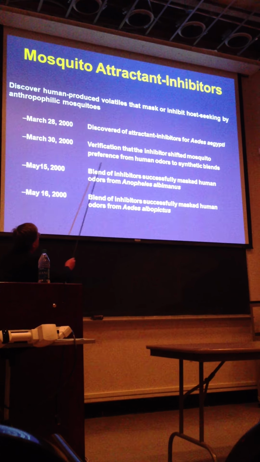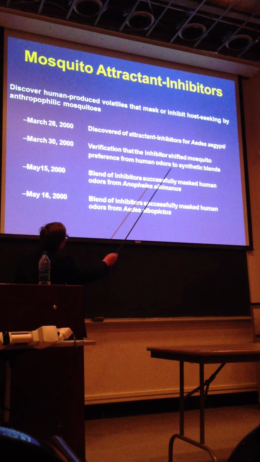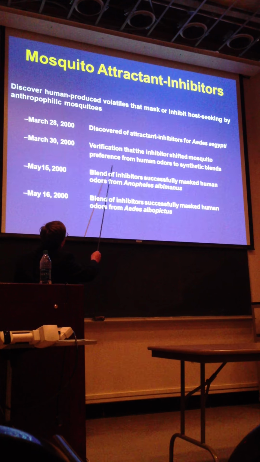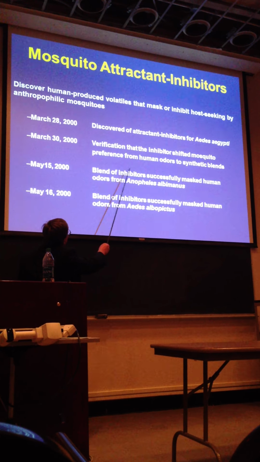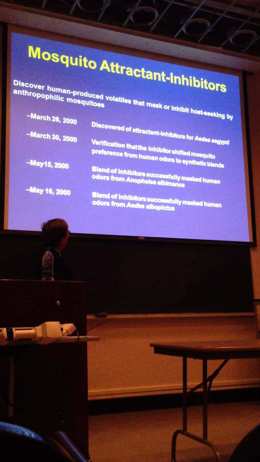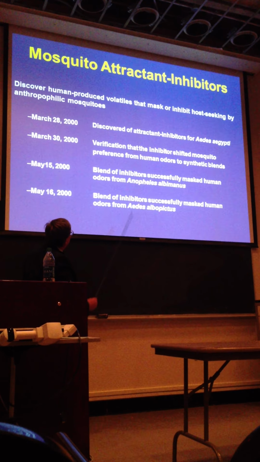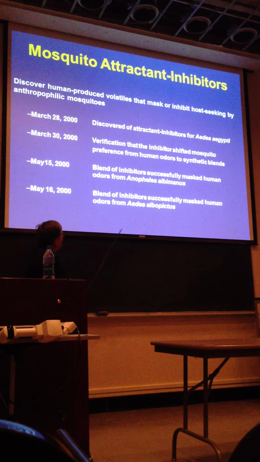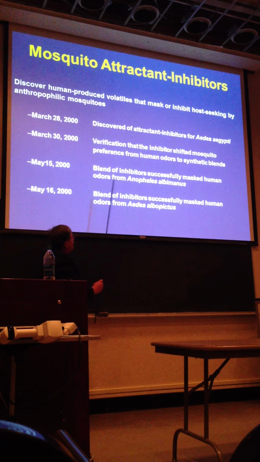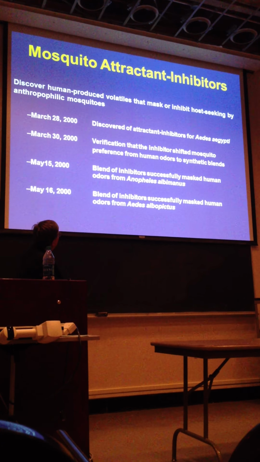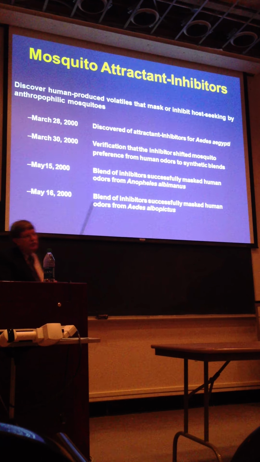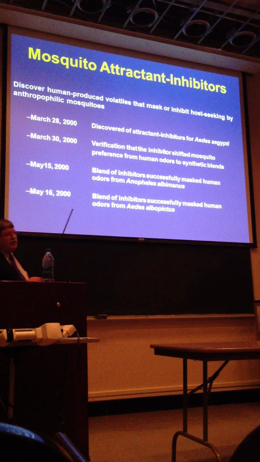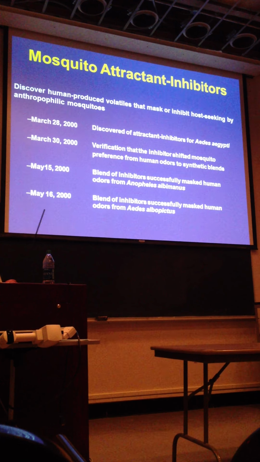So we discovered the inhibitors were for Aegypti, and we were able to verify that the inhibitors shifted the mosquito preference from the humans to the synthetic blends. The blend of the inhibitors also worked really well with Anopheles albimanus, and to a lesser extent, we're still working on it, with albopictus. So we think we're on track to develop something that's really good.